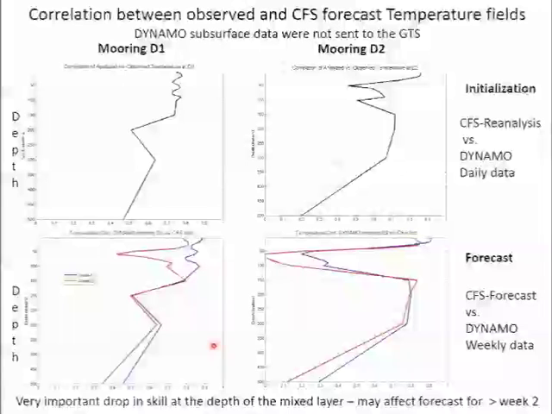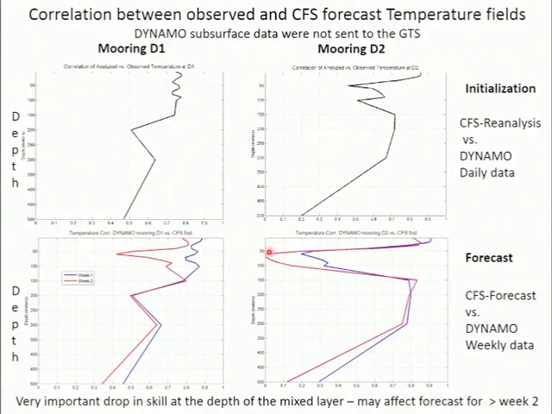What I want to show you here is the lower panels, which show the anomaly correlation skill for the model temperature forecast as a function of depth, for week 1 in blue lines for the equatorial mooring and red lines for week 2, and for the south equatorial mooring, again week 1 in blue and week 2 in red.